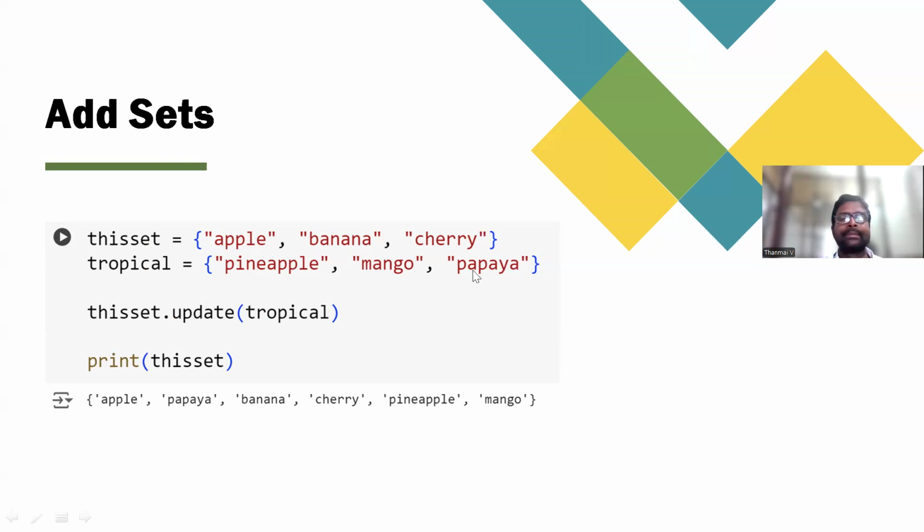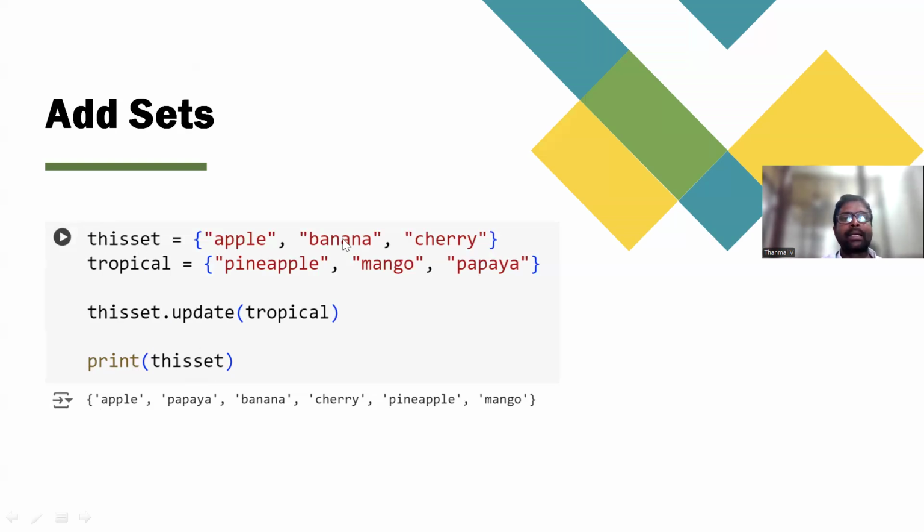Now my intention is to update this set with the elements in the tropical set. So I wrote the set I want to update, dot update, and with which elements you want to add, that is tropical, I pass it.